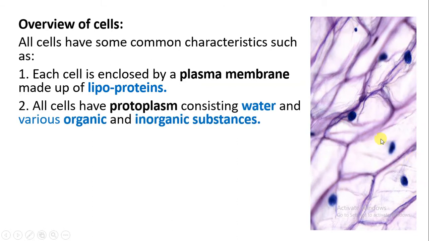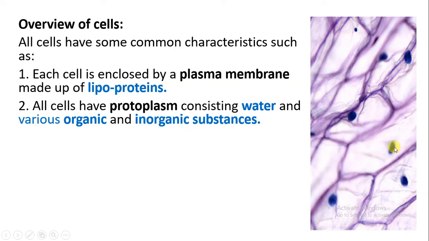Next, the content inside the cell: there is the presence of the nucleus, and the presence of the organelles like the endoplasmic reticulum, Golgi apparatus, lysosome, mitochondria. All these are the organelles which are present inside a cell, along with the cytoplasm. So all three things form the protoplasm. So protoplasm actually consists of the cytoplasm, the nucleus, and the organelles.